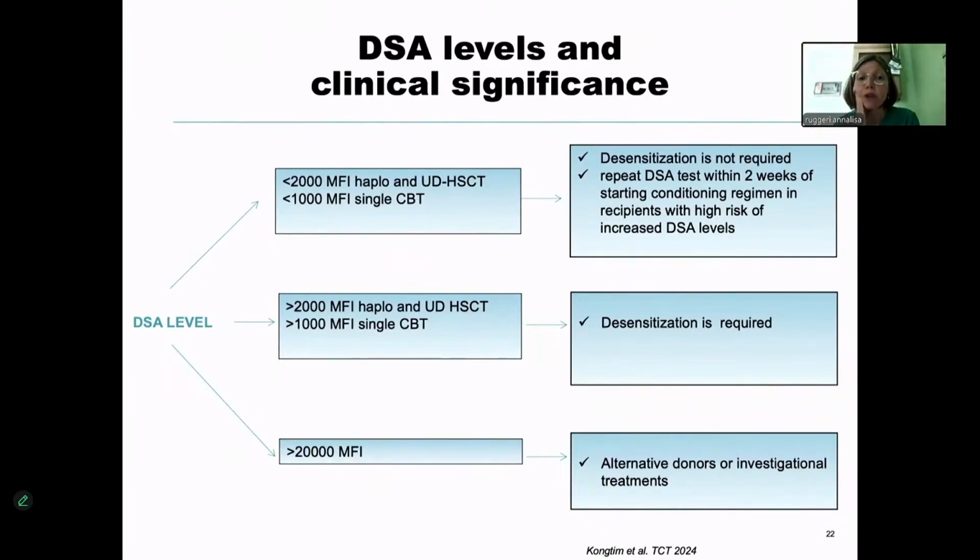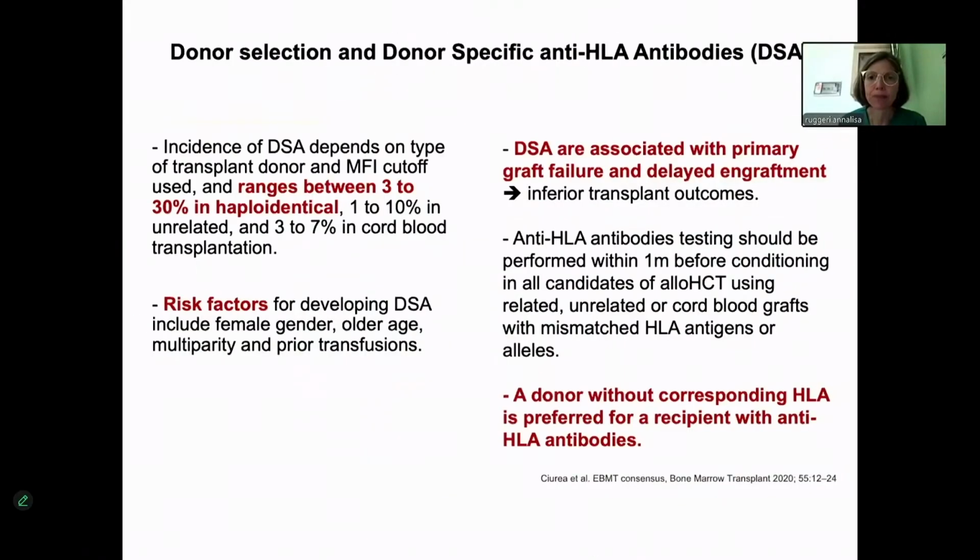For those having a threshold higher than 2,000 of MFI, or 1,000 in case of cord, desensitization is required, while for those patients in whom the level of DSA is much higher, it is recommended to proceed with an alternative donor or other investigational treatment.